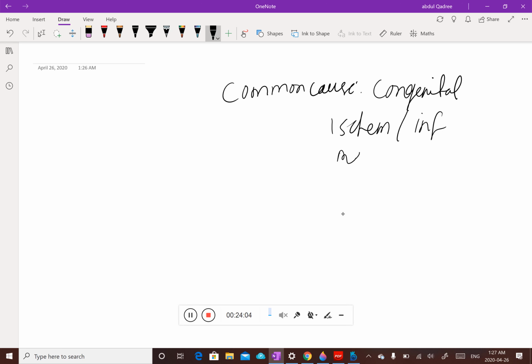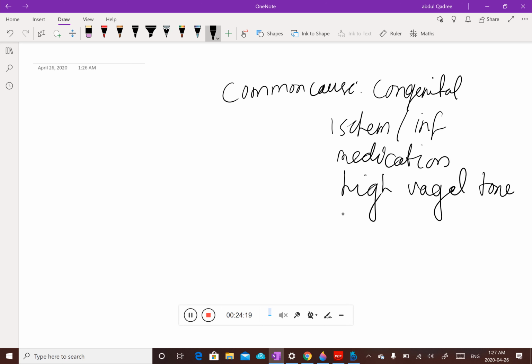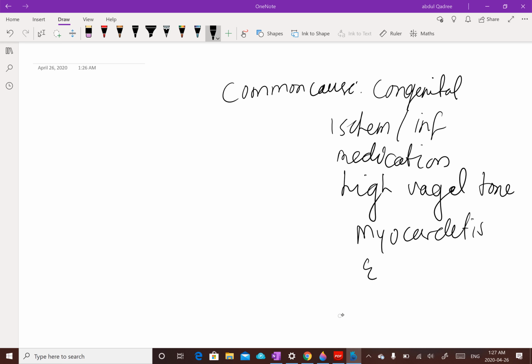Let's see, my pen is not working well today, I don't know what happened to it. Medications, high vagal tone. These are some common causes that can happen. For example, myocarditis and some electrolyte abnormalities.